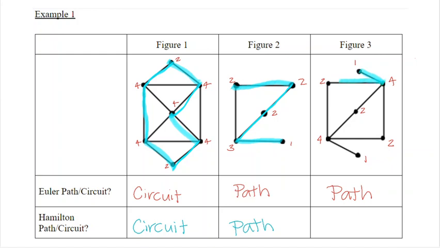Now, if I choose to go this way, I could go here, and then I'm stuck. If I go this way, I cannot continue because I've already visited this vertex with degree 4 once. If I go this way, I'm also stuck because, again, I've already visited this vertex. I cannot go back to it.